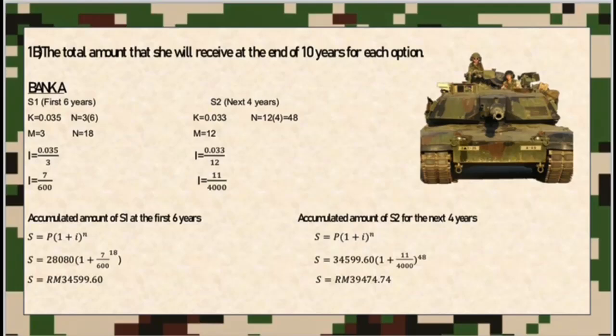We use the same formula, which is S equals to P in the bracket of 1 plus I at the power of N. So it equals to 34,599.60 in bracket 1 plus 11 over 4,000 at the power of 48, and it equals to 39,474 ringgit and 74 cents.